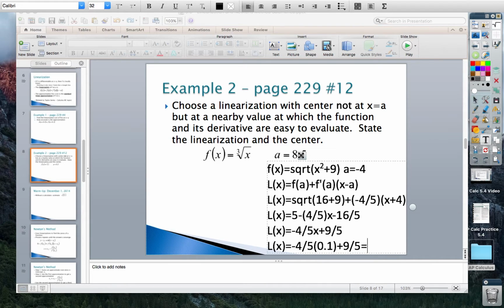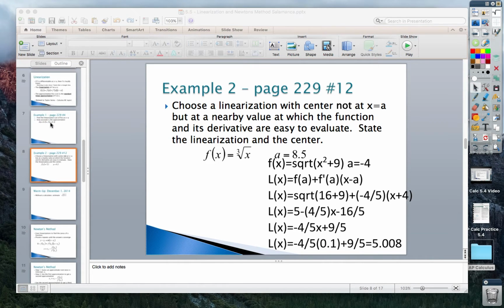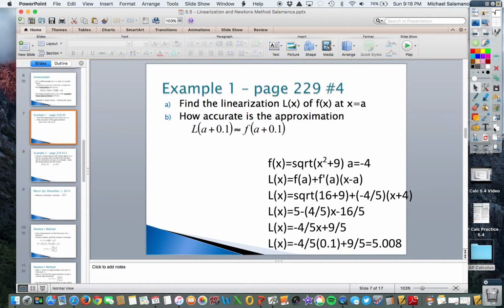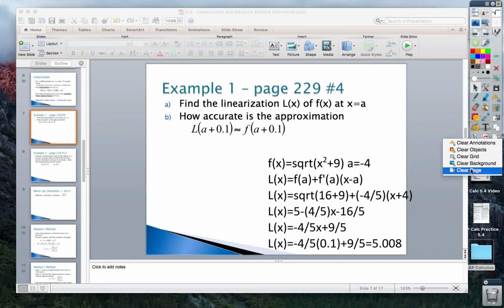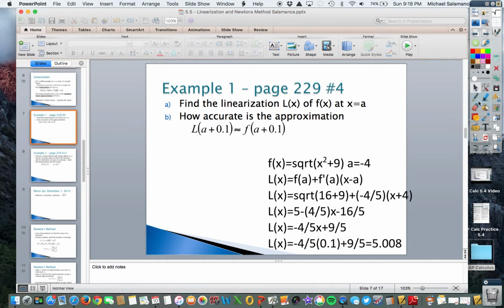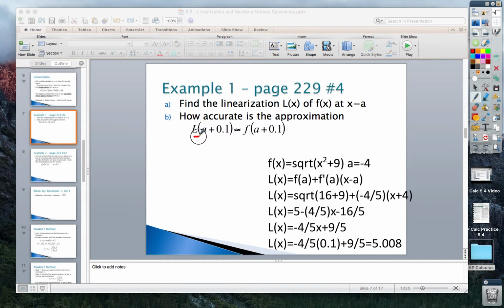That turns out to be 5.008. So if we take a look at that, that's the same thing they asked us to do here in this part of the problem, which I didn't show you on purpose. Notice here it says L of a plus 0.1. That's the same thing we did here when we did this linearization.